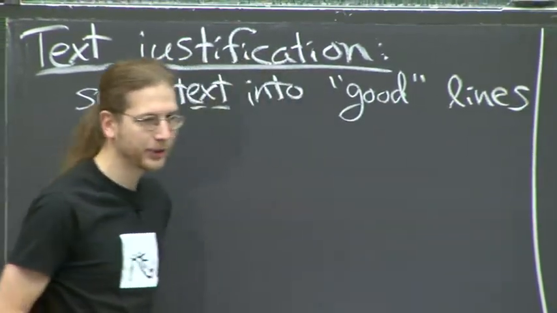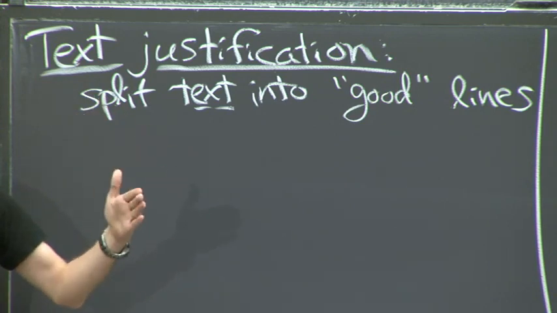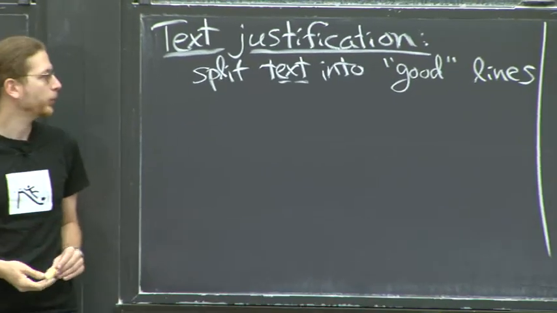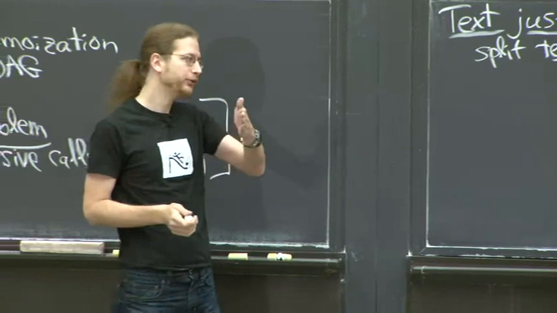The rules of the game here are, like in the early lectures on document distance, we have some definition of splitting a document into words separated by spaces. And what we want to do is we can only cut between word boundaries.